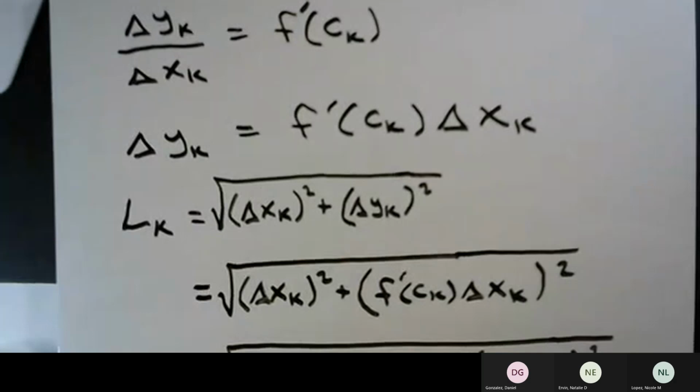And what that lets us do, get a picture of what a sum of these is going to look like. So we have our curve, A to B. In fact, let me draw this a little differently. I apologize. A little smaller.